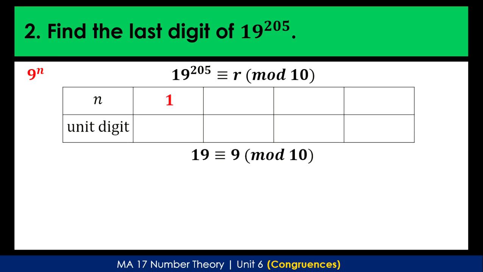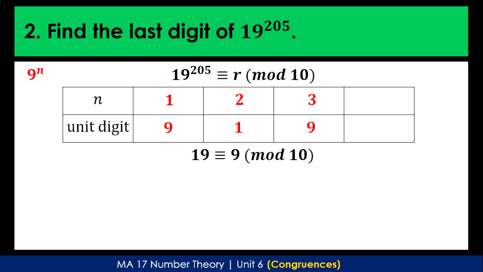If we have 9 raised to 1, that's 9. Then 9 raised to 2 is 81, so the last digit is 1. Then 9 raised to 3 is 729, so the last digit is 9.